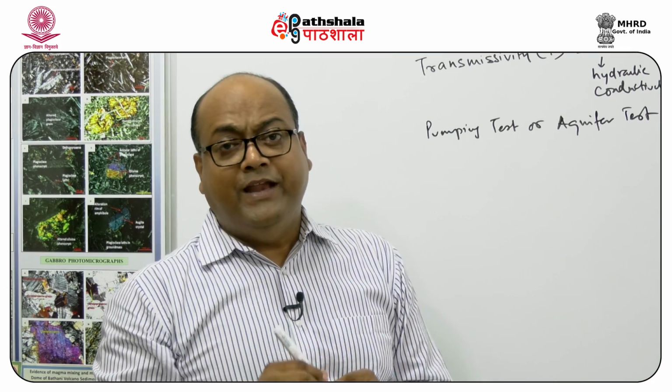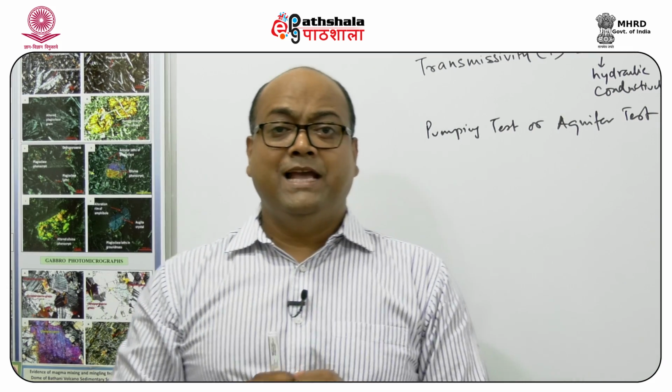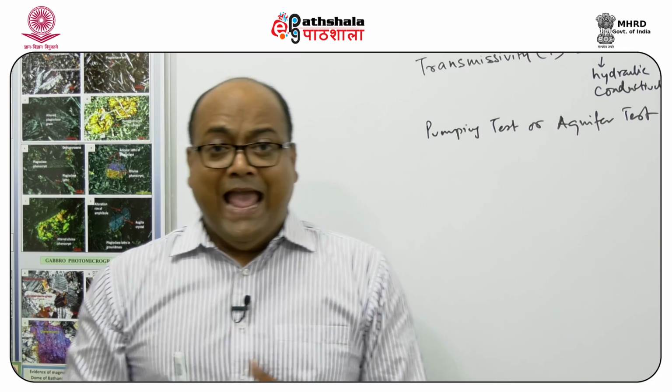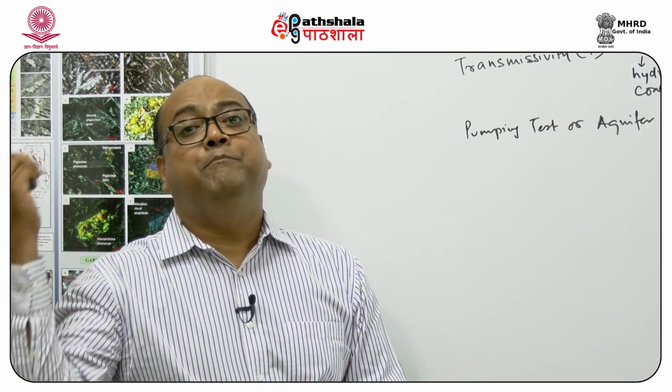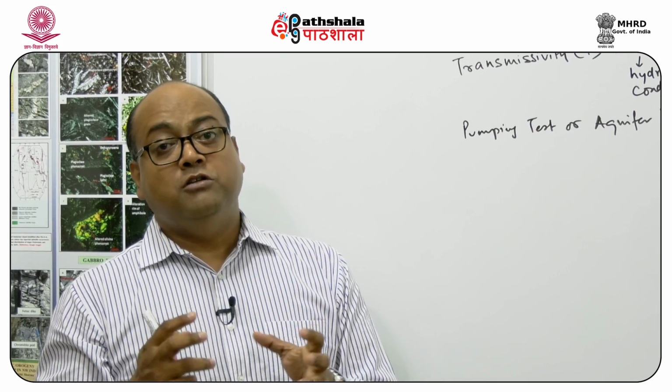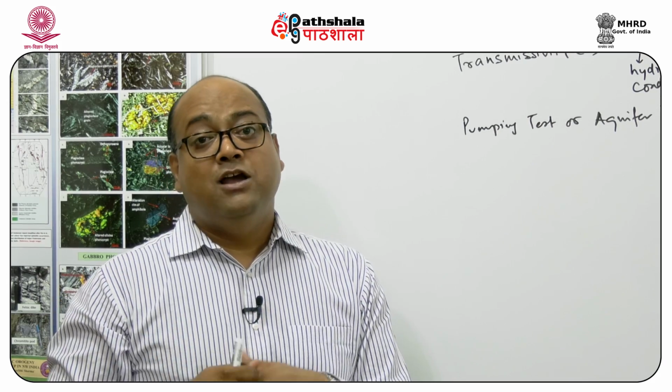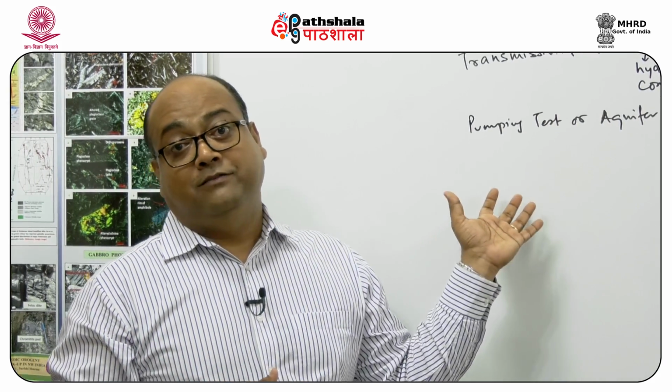Very simply put, we go to the field, and we have a well in which controlled pumping takes place. In a controlled manner, at a fixed volume, water is pumped, and what is looked at is the response of the water table to this pumping.